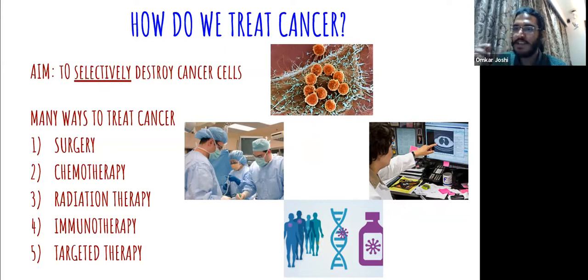One of the key ways to do this is that many drugs go and hit actively dividing cells, and that is why many of you will see that after chemotherapy people lose hair, because a lot of hair cells are actively dividing cells, and when these drugs hit actively dividing cells, they don't see whether the cells are cancerous or self cells. They will just destroy all the cells that are actively dividing.